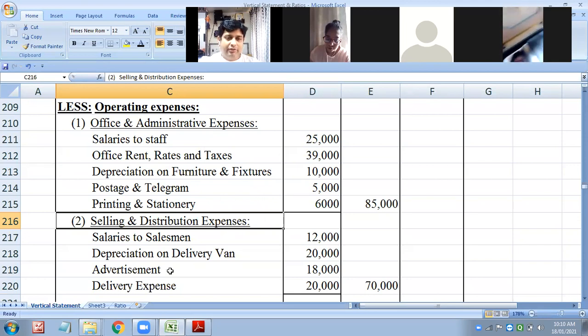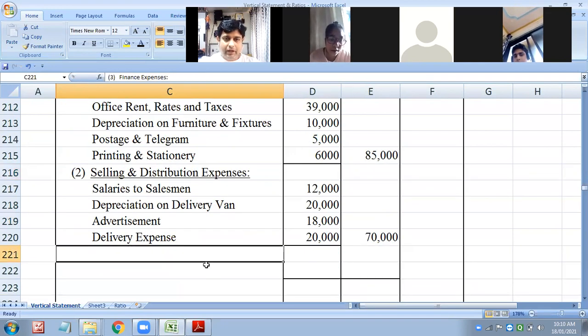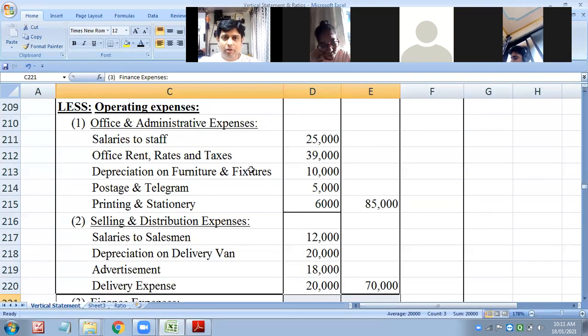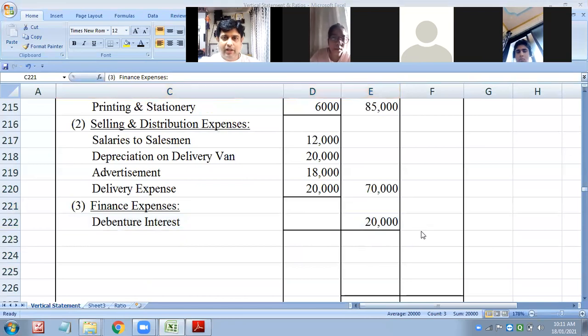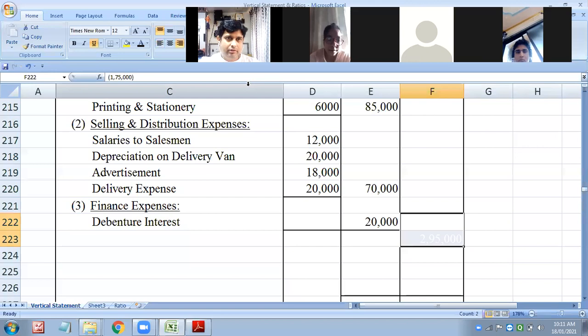Other students, have you completed till here? Then last, financial: as I told you, we have only one, debenture interest. Now I will take the total operating expenses all together, which will reflect here: 1,75,000.